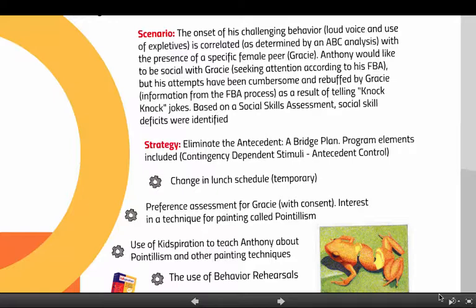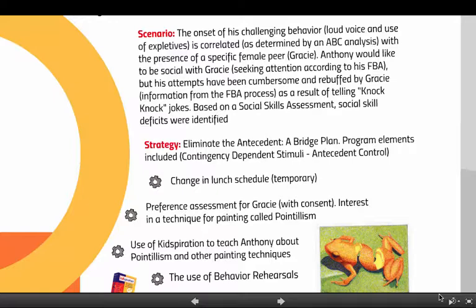And I don't know about you, but to be in a middle school and to approach a female telling knock-knock jokes is probably not a great way of generating some kind of social contact with that individual. And sure enough, the knock-knock jokes were highly annoying, and it was something that Gracie very much disliked.